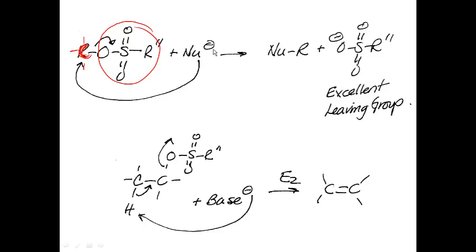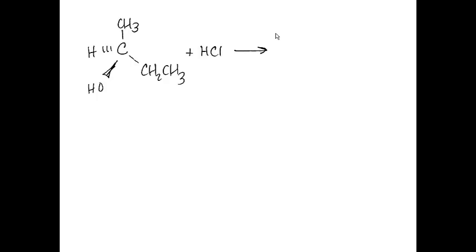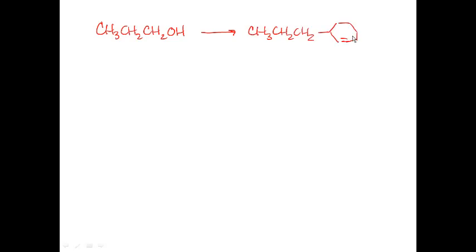Now you might say, okay, can you do an example of this? Let me go ahead here and do an example of what I'm talking about. Let's say that I wanted to convert propyl alcohol into a compound with a benzene ring added to it.